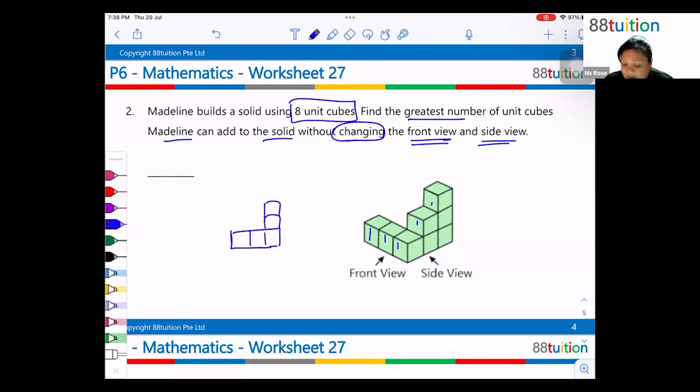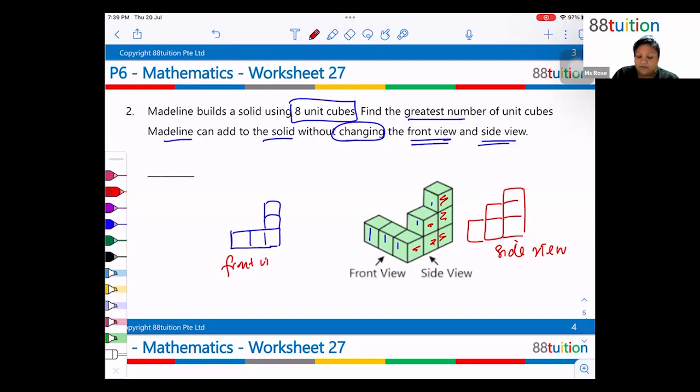And the side view is 1, 2, 3, so it looks like 3, 2, 1. So this is the side view, and this is the front view.